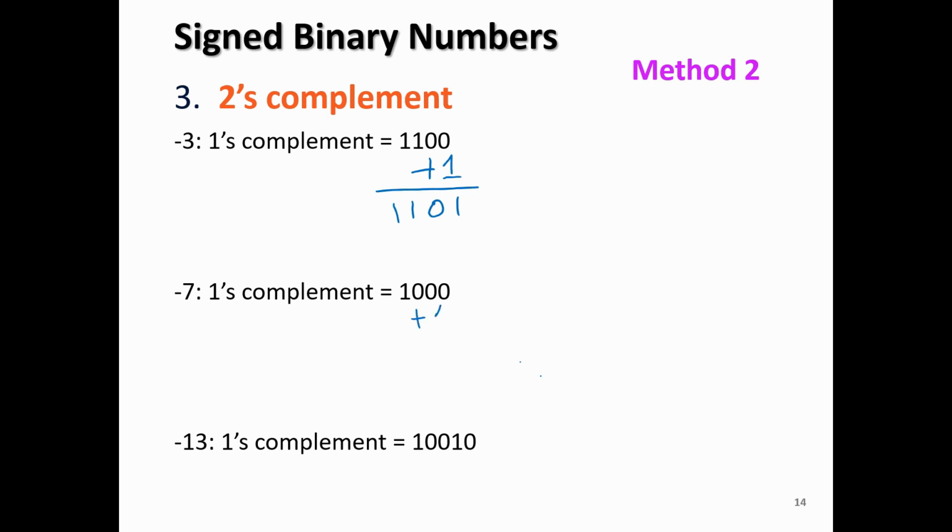If we just add a 1, then we have 1001 for the 2's complement. What about 13? We add a 1, so we have 10011. This method, I think, is very simple.